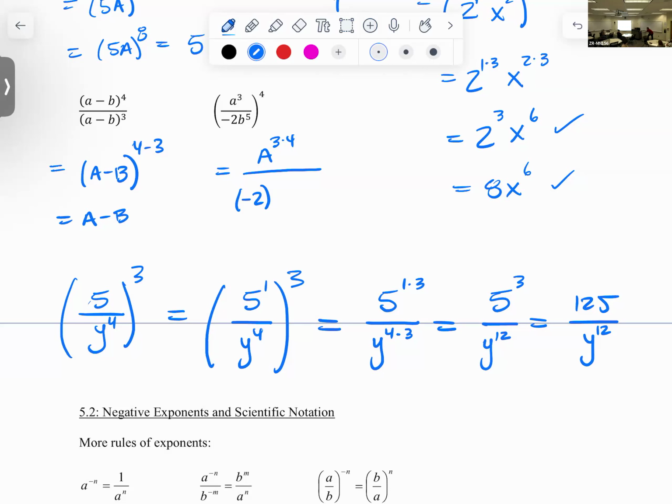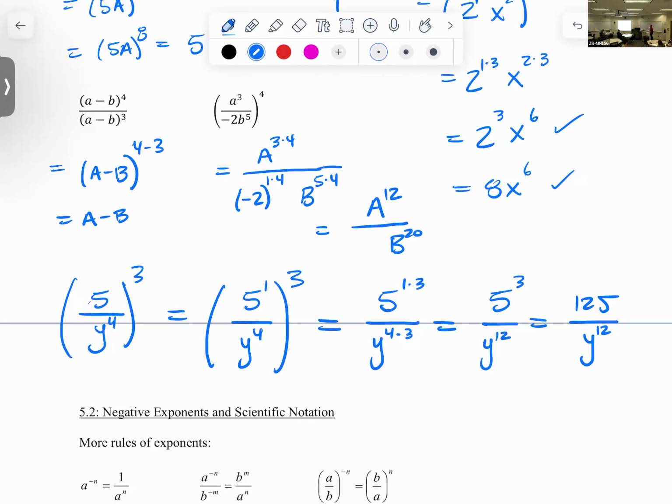And what power was that? 4. Not the outside. What power is the -2 on the inside? 1. That means that's 1 times 4. And then b to the 5 times 4. Simplify that guy down. I have a to the 12th all over b to the 20th.